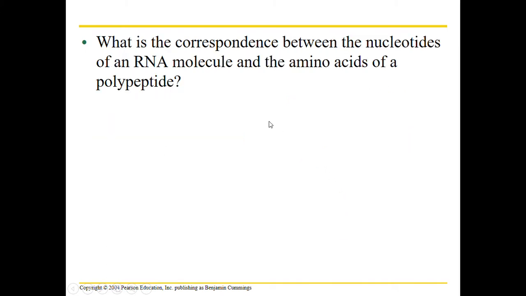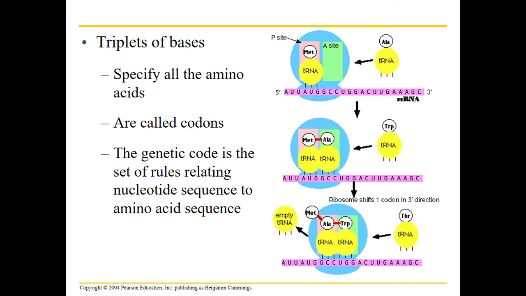And what is the correspondence between the nucleotides of an RNA molecule and the amino acids of a polypeptide? We've seen there are 20 different amino acids, going back to our protein chapter, but we only have 4 different nitrogenous bases. How do we get this done with only 4 letters? Well, we need triplets of nucleotides.